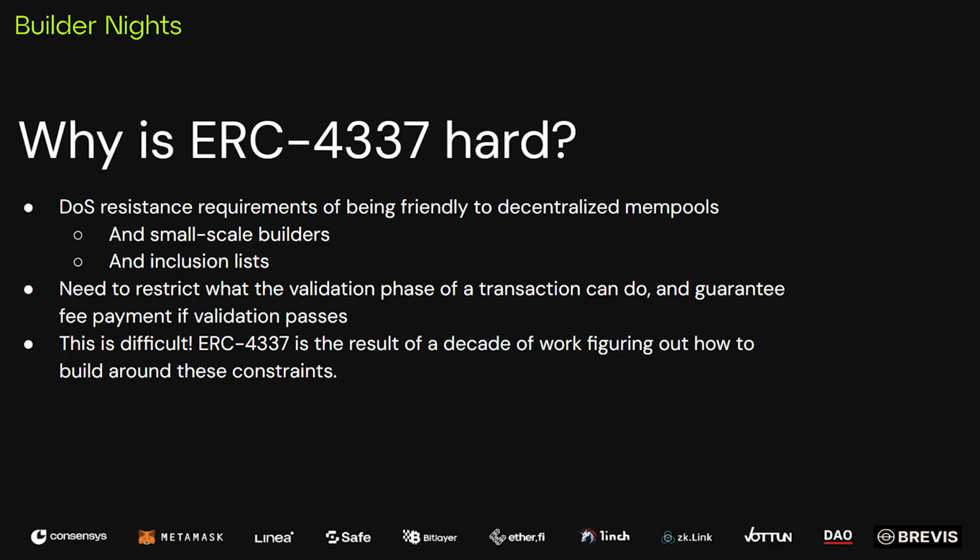And especially the DOS resistance requirements are one of the key reasons why ERC 4337 is hard, right? Basically, if you want to resist DOS attacks, you need to restrict what the validation phase of a transaction can do. ERC 4337 is the result of a decade of work figuring out how to build against these constraints, right?